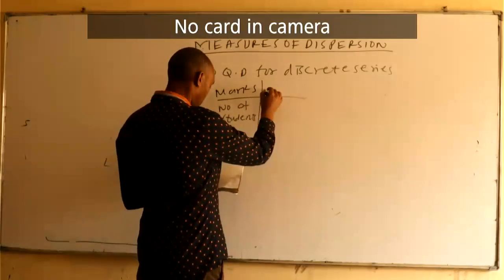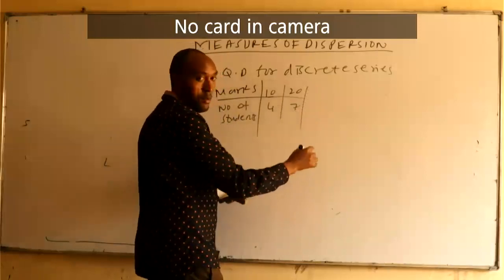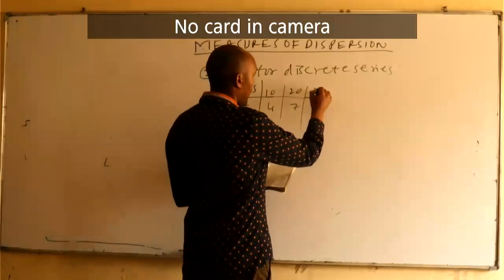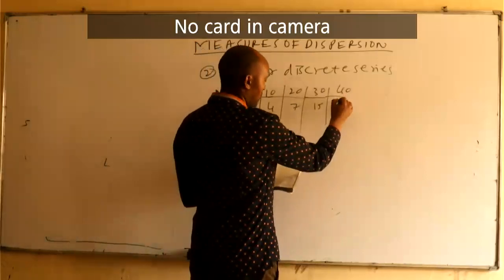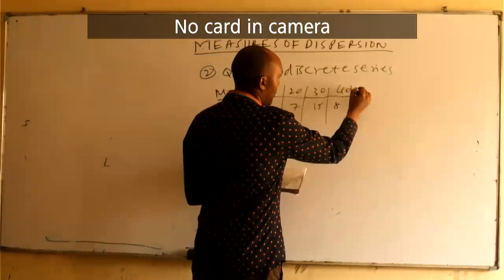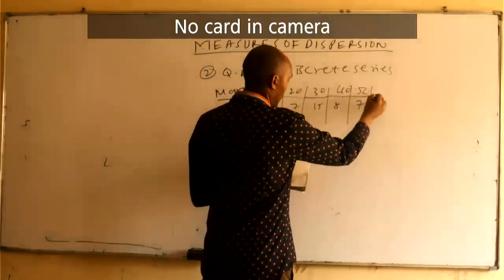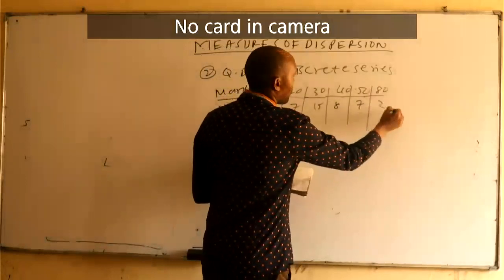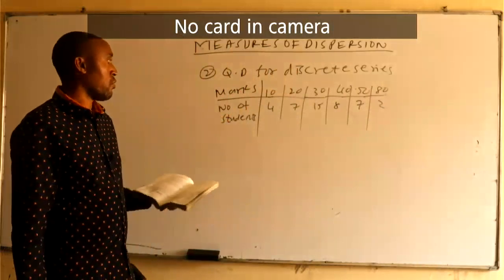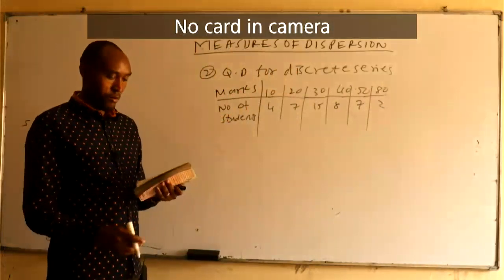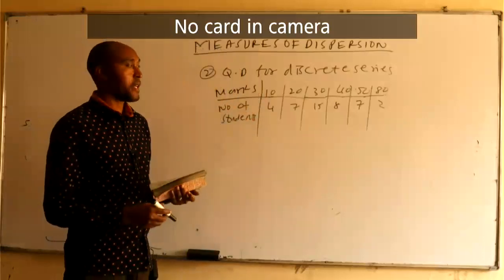Marks 10 with 11 students, 20 with 15, 30 with 8, 40 with 7, then 50 with 2. Using this information, we now compute the quartile deviation.